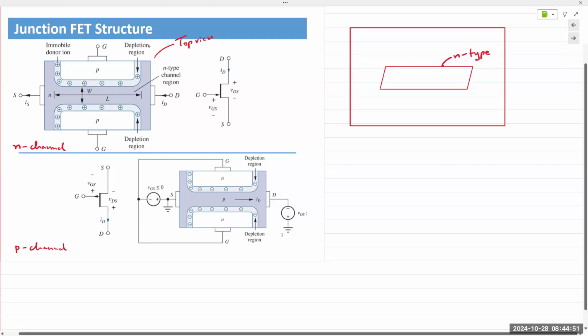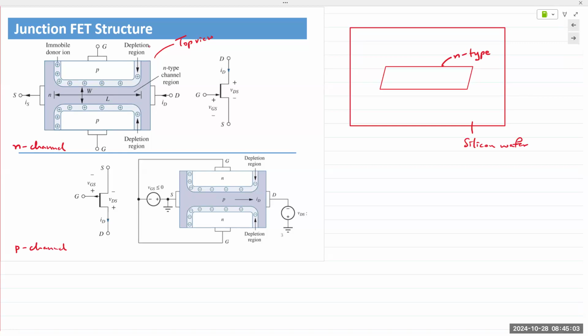So let's say we have a silicon wafer, and we create an N-type structure in there, meaning we're implanting a lot of what kind of atoms? Donor atoms. Donor atoms have an extra electron. It's an N-type material. It's a simple pop quiz.